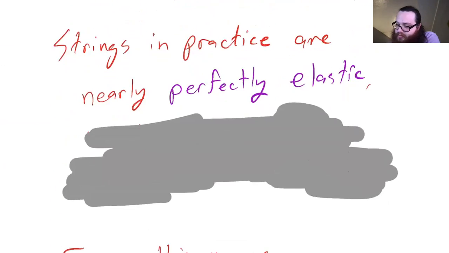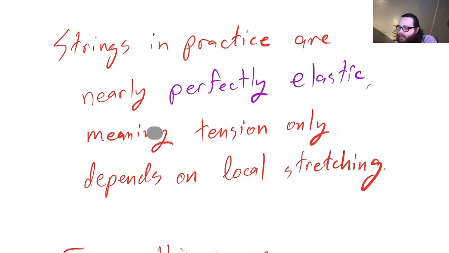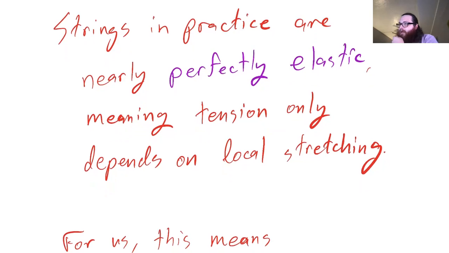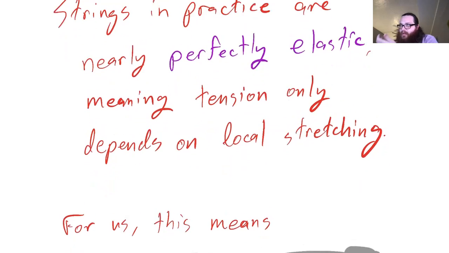So another assumption that the book talks about in a little more detail is this notion of being perfectly elastic. What does that mean? Well, tension only depends on the local stretching. It's not so much a global force.